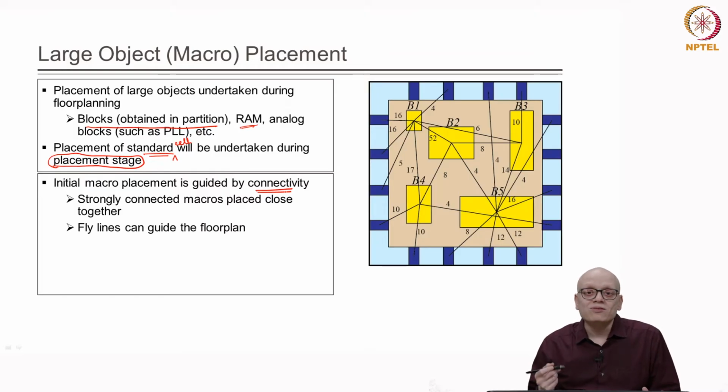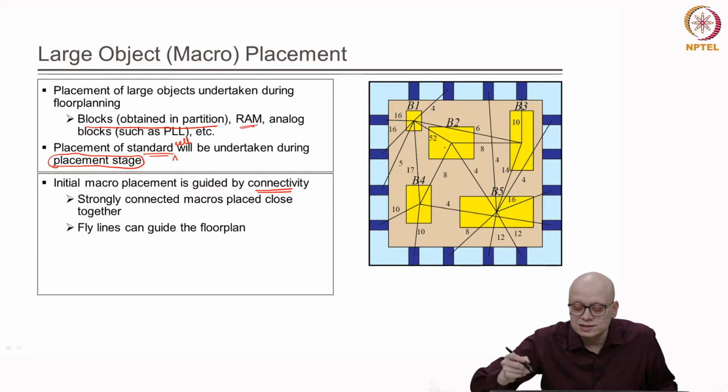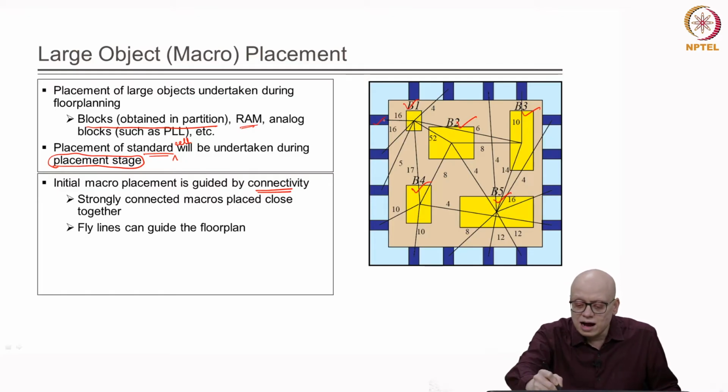What are fly lines? Fly lines show as a number how many nets are going from one object to the other. Suppose, as an indicative example for a design, there are objects B1, B2, B3, B4, B5. These are 5 macros, and then there are IO cells.